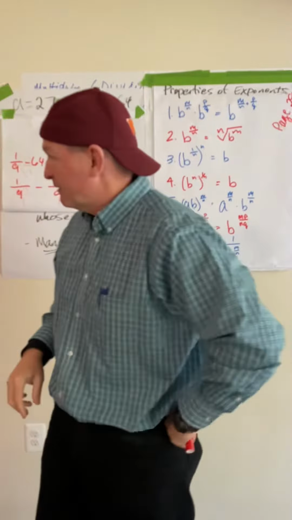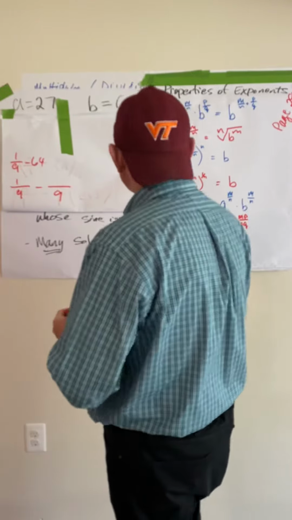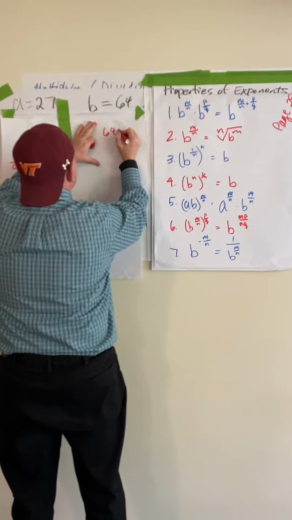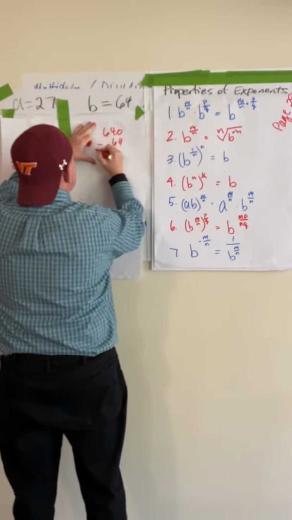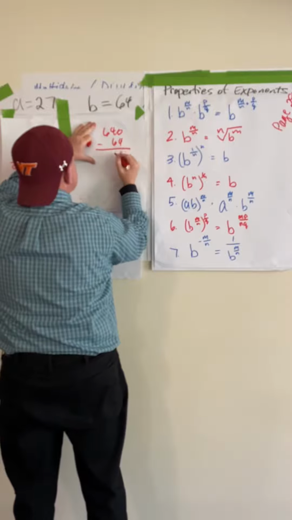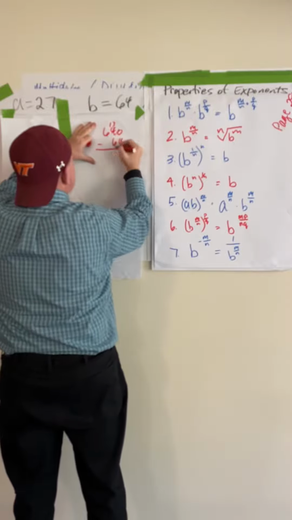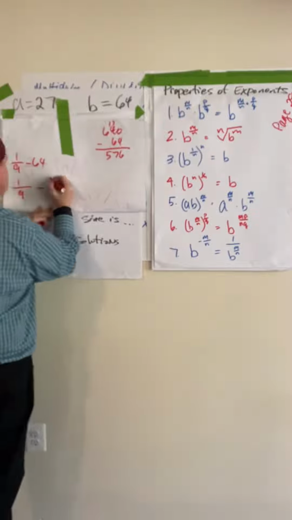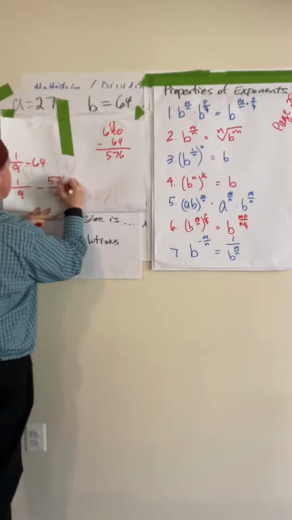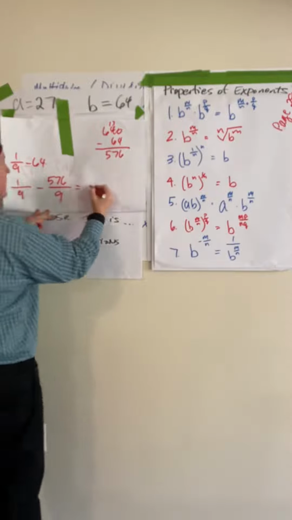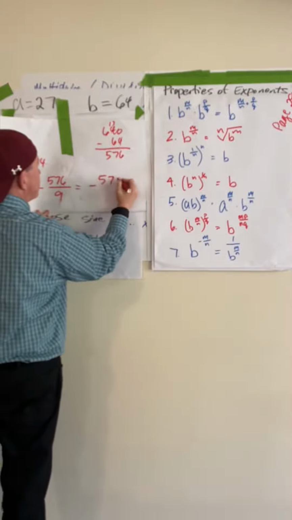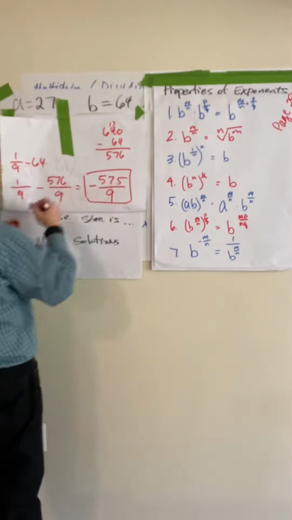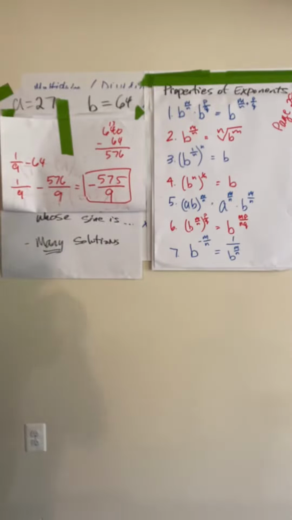I got to figure that out. 9 times 60 is 540, plus 36 is 576. So 1/9 minus 576 ninths is going to be negative 575 ninths.